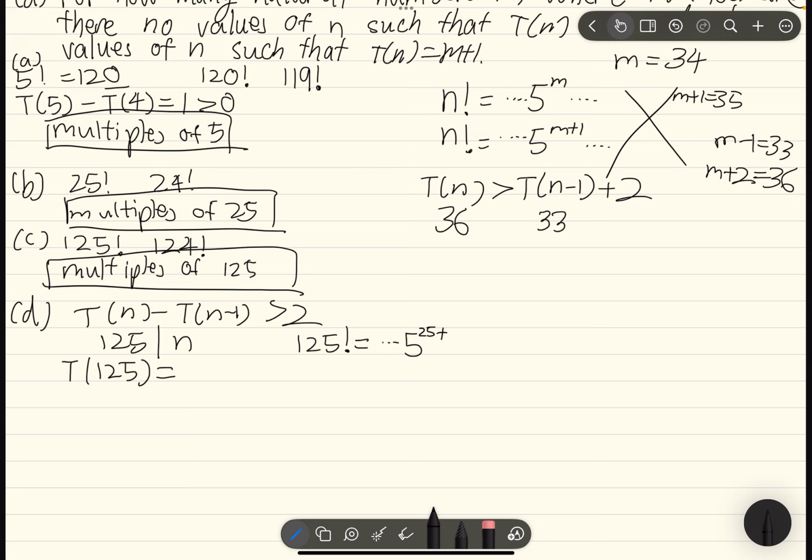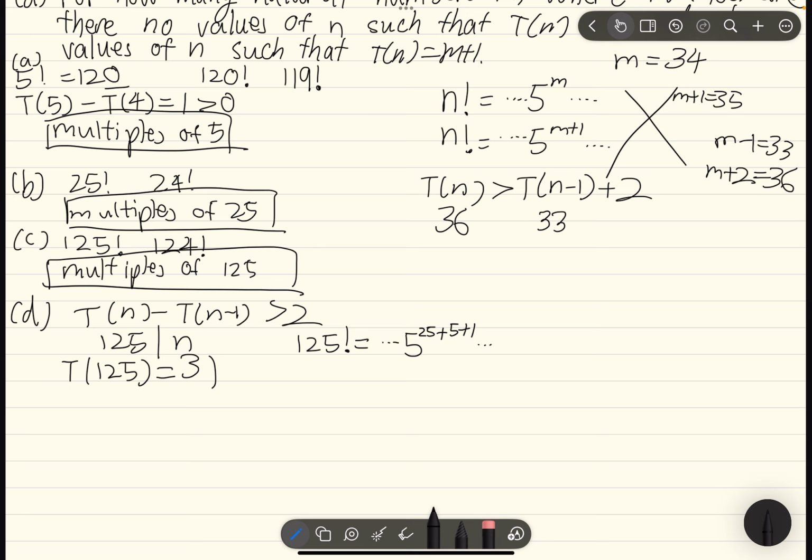And then plus numbers that are multiples of 25, because they have an extra 5, because 25 is 5 squared. So 25, 50, 75, 100, 125. There's 5 numbers. Lastly then, numbers with another extra 5, which is 125. It's 5 cubed. So even after getting rid of 2 5s here, there's still another extra factor of 5, which is plus 1. So 125 factorial has 25 plus 5 plus 1, which is 31. Oh, so it has 31 5s here.